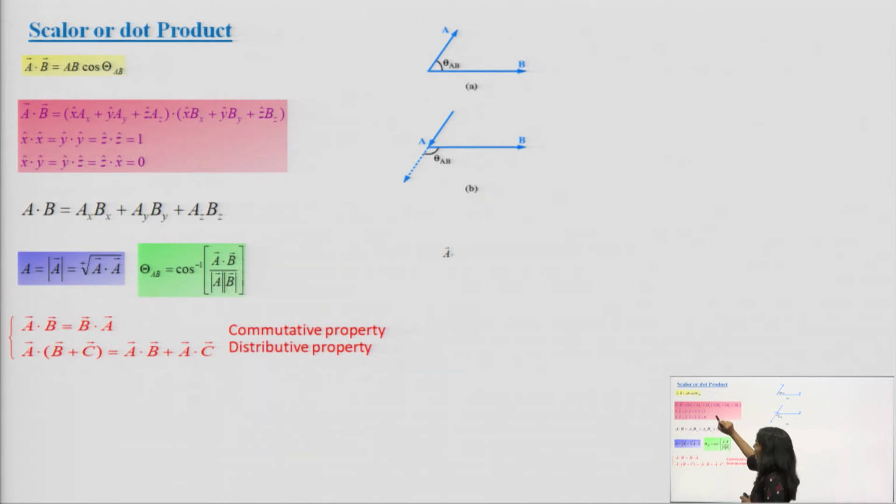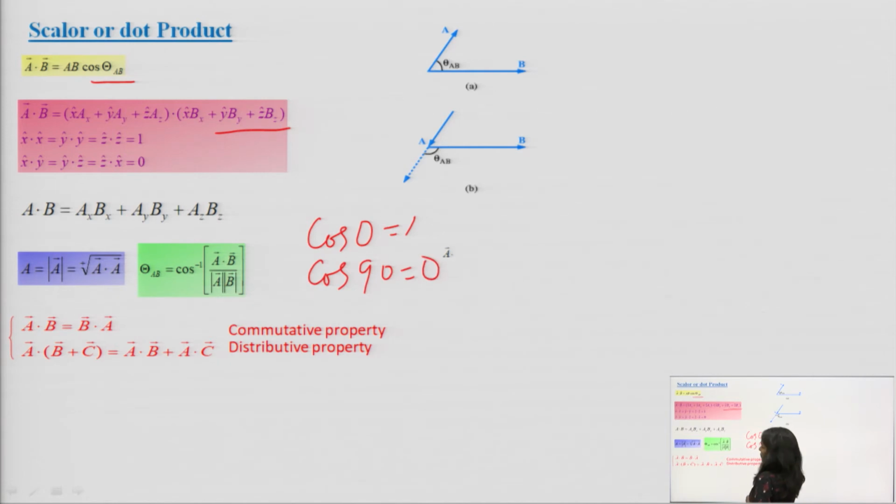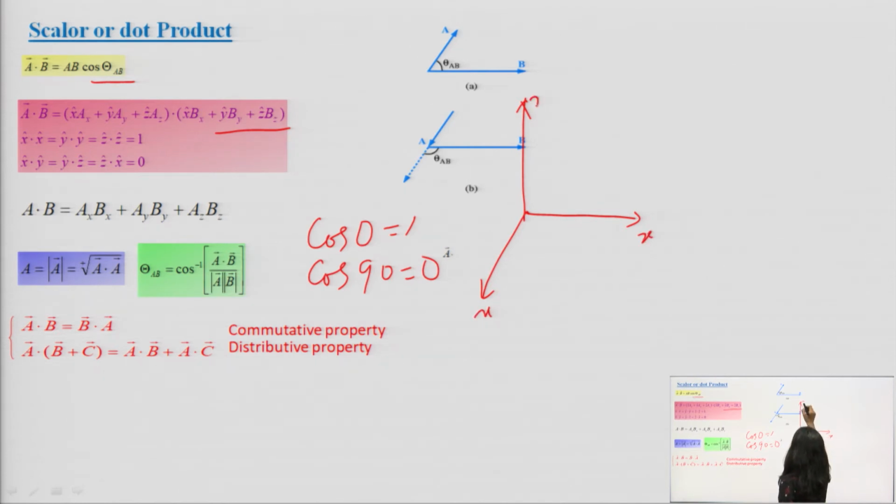Further, the dot product of two vectors a and b can be solved using this, where x dot x, as we have seen that a dot b is equal to ab cos theta, and cos 0 is equal to 1 and cos 90 degrees is equal to 0. Keeping this in mind, we can find this value, because we know that in the xyz axes all the three unit vectors are orthogonal to each other.